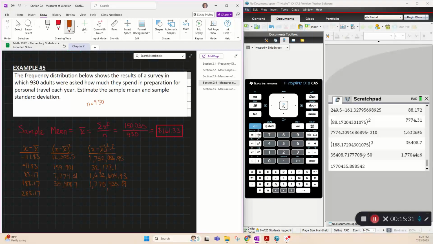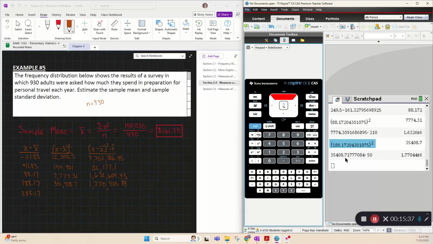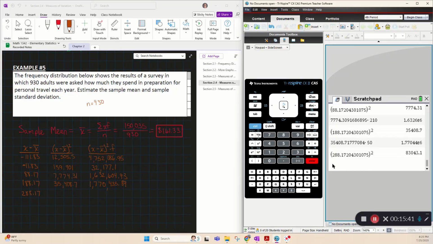And then almost there. Change this one to a 288. So that squared is 83,043.1.